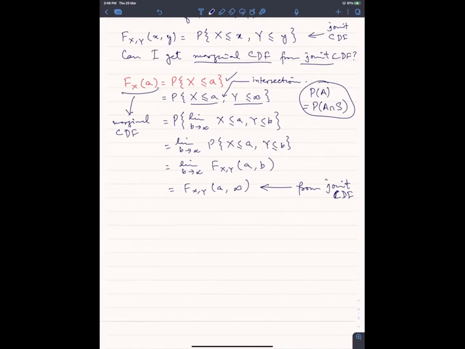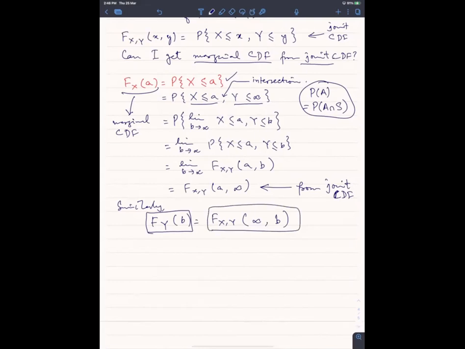Okay. Similarly, F_Y of b would be equal to F_XY of infinity comma b. So what are we saying here? The CDF says that the probability that Y takes a value less than or equal to b is equal to the probability that Y takes a value less than or equal to b and X takes a value less than or equal to infinity.